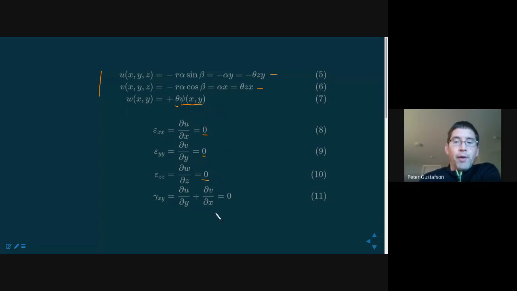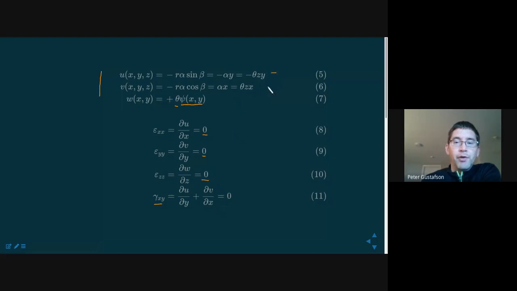Now there's one more that we can pay attention to, and that is gamma xy. So this is the shear on the x face in the y direction or the y face in the x direction. Symmetry defines those as being equal to the same. By definition, this is the kinematics, du dy plus dv dx. Well, here's u again up at the top, right?